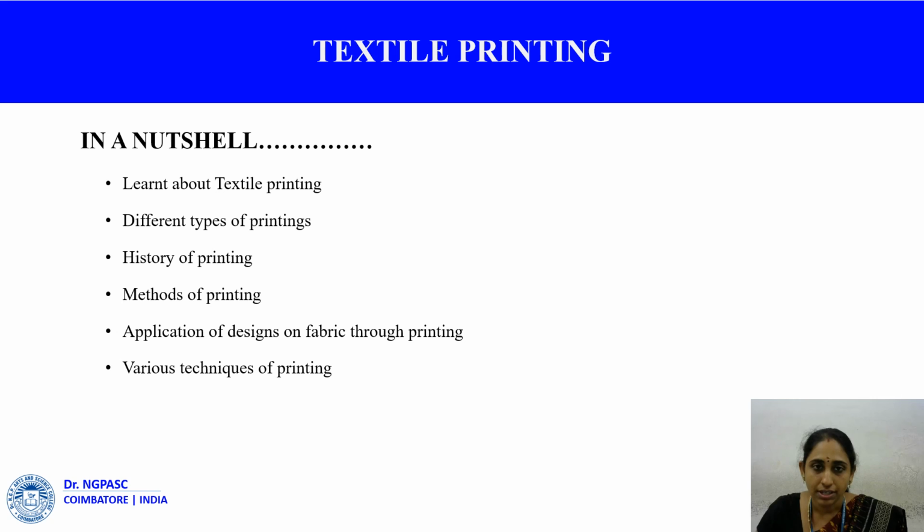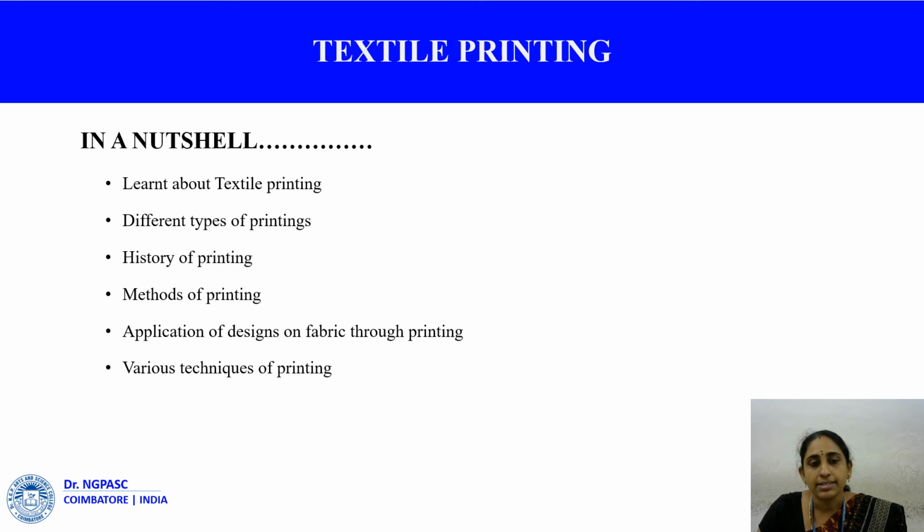Thus, in a nutshell, we have learned about textile printing, which is related to dyeing. But in dyeing proper, the whole fabric is uniformly covered with one color, whereas in printing, one or more colors are applied to it in certain parts only and in sharply defined patterns.